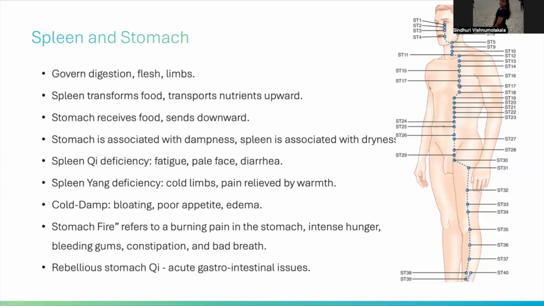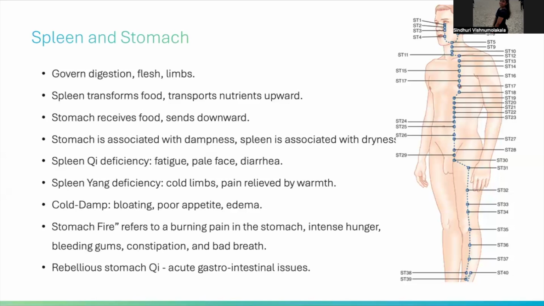When the spleen is weak, the body cannot properly extract nourishment from the food. So the symptoms include fatigue, pale face, diarrhea, and the upper abdomen is the region linked to the spleen.